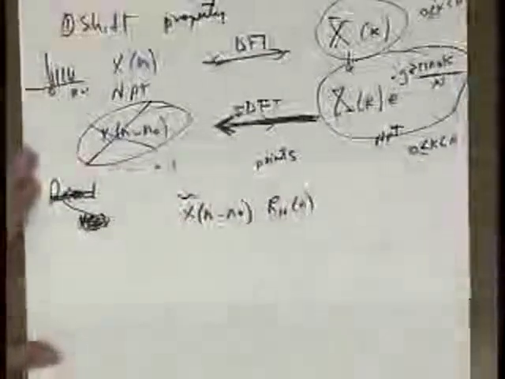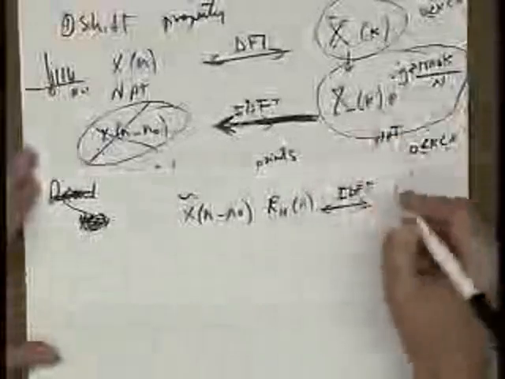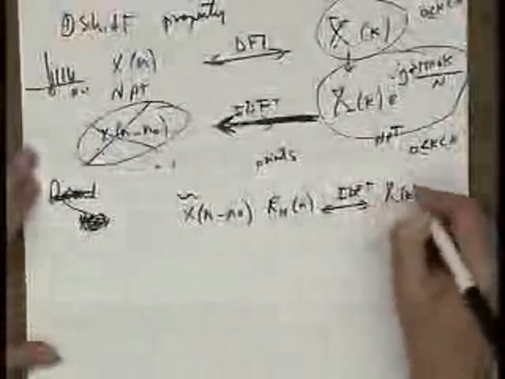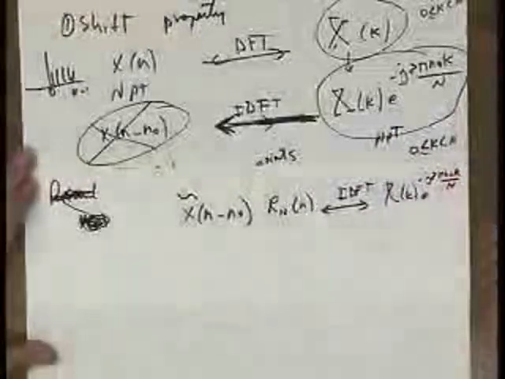What would be the mathematical expression for this? It would be x of n minus n naught periodicized, multiplied by r sub n of n. That is the inverse DFT of X of k e to the minus j 2 pi n naught k over n.